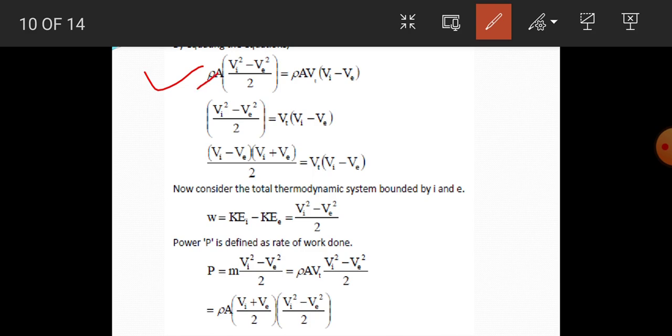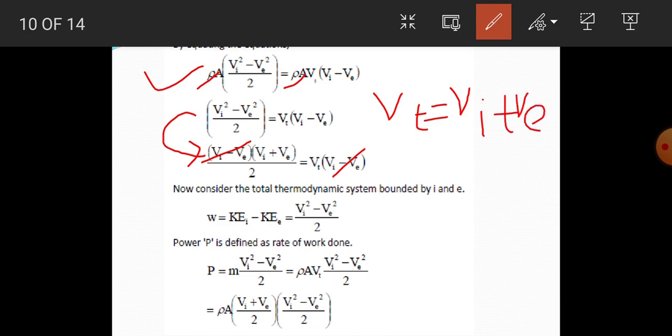So now cancelling out rho A, and as we know that a square minus b square can be written as a plus b into a minus b, we have written it here. So Vi minus Ve will get cancelled out. What we have got is Vt. So Vt is generally the average, Vi plus Ve divided by 2, which is inlet velocity plus outlet velocity divided by 2.